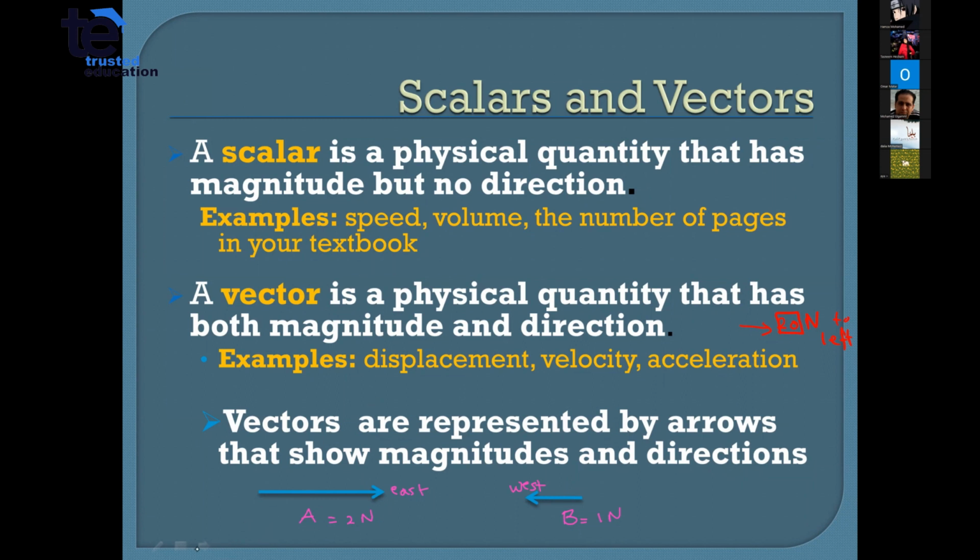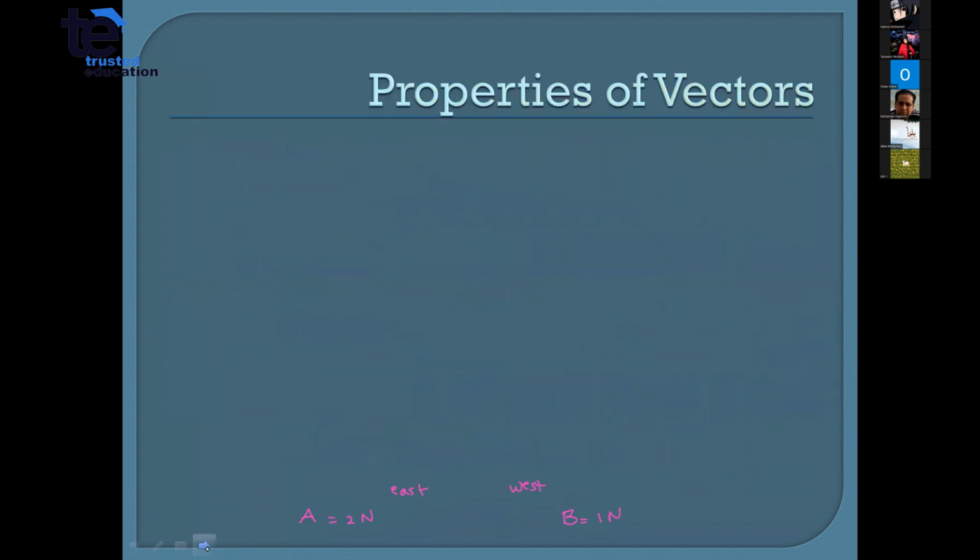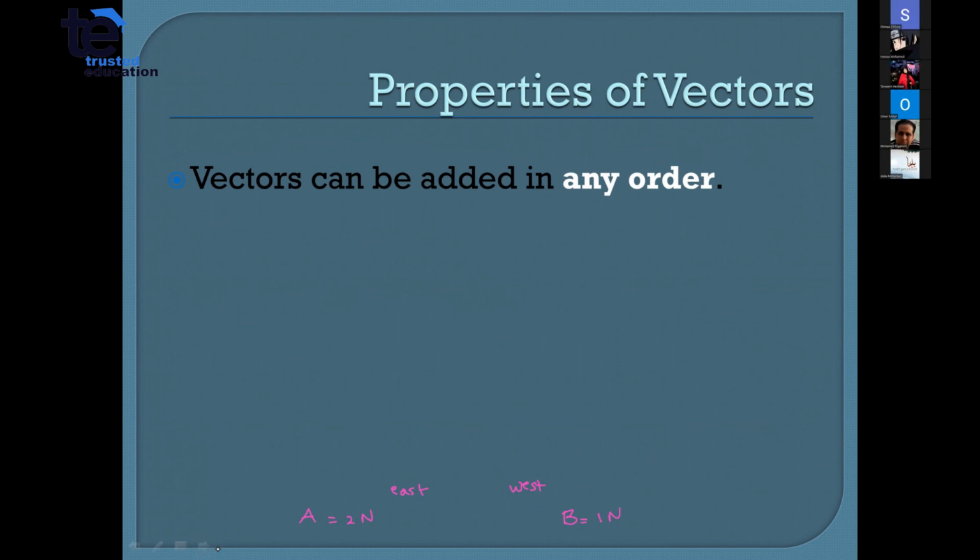Now, if I continue here with an example, we need to know that if I add two vectors, I can add them in any order. Vectors, as we said, have direction. That's why I need to take care of the direction.